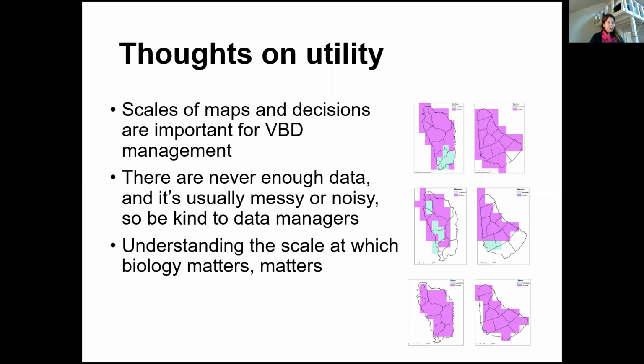I wanted to give a few round up thoughts on the utility of mapping approaches that I've highlighted here. One thing we've encountered is that the scales of maps and the decisions that people can make don't always align. This is really important in terms of vector-borne disease management. On the right, you can see these 6 little panels.